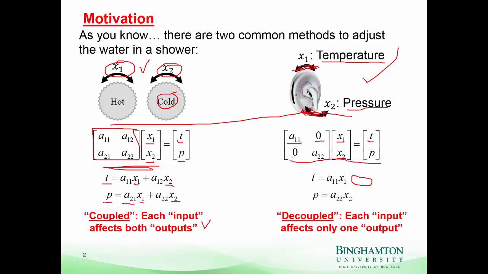Likewise, we get 0 times X1 plus A22 times X2. So we just get A22 X2. There's no other term for X1. So pressure is directly controlled by the X2. Temperature is directly decoupled control by X1. So each input affects only one output.